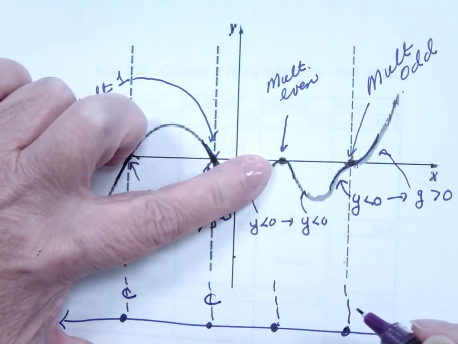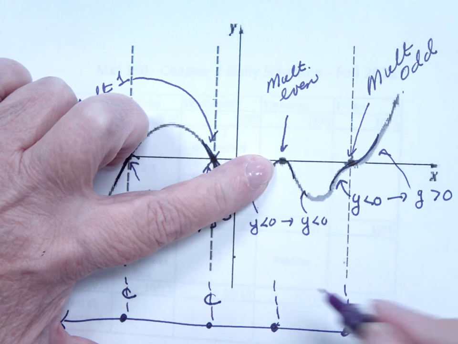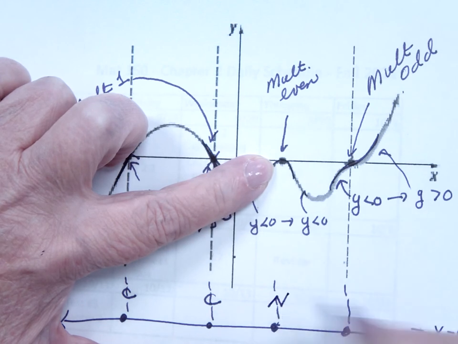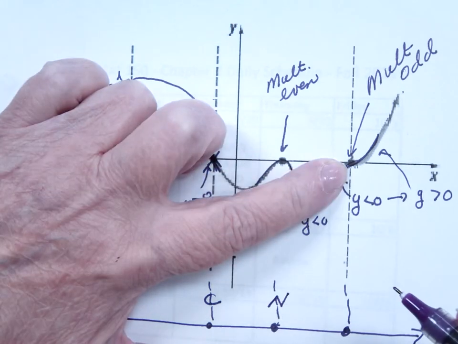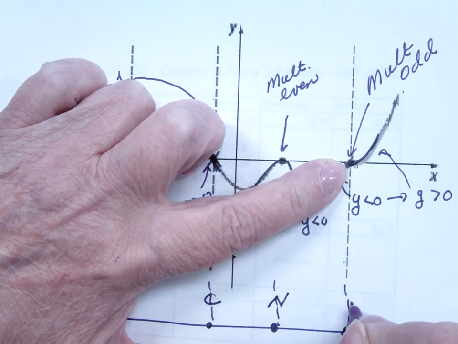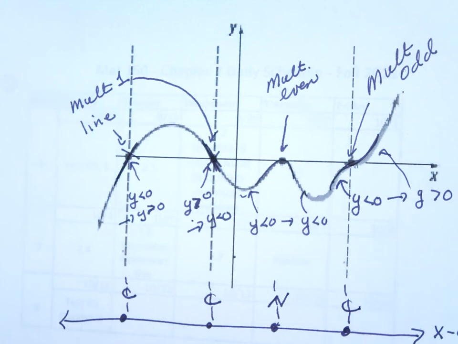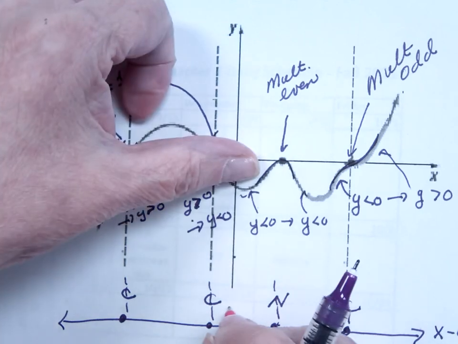The third critical number is multiplicity even. There is no change. The fourth critical number is multiplicity odd, change. Now I pull one test point. Doesn't matter. I pull my test point here. My test point here is negative.